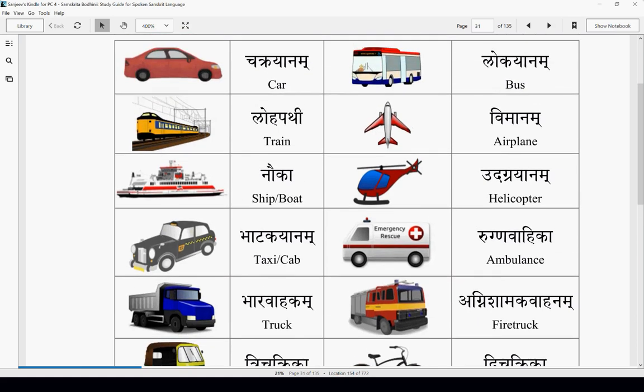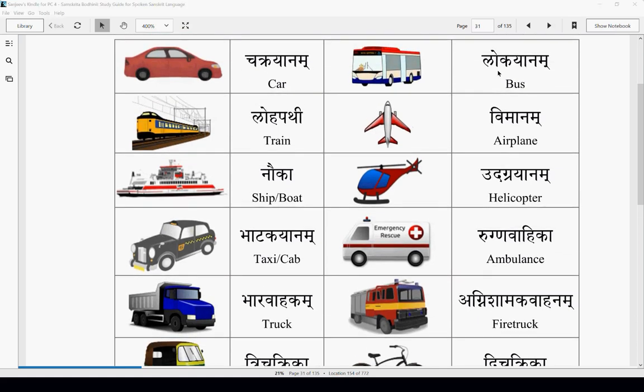And Lokayanam, Loka means people. Yanam again is conveyance, Vahanam. Vimanam, aeroplane, can also be called Vimana Yanam. Then Chakrayanam is technically one which has wheels.